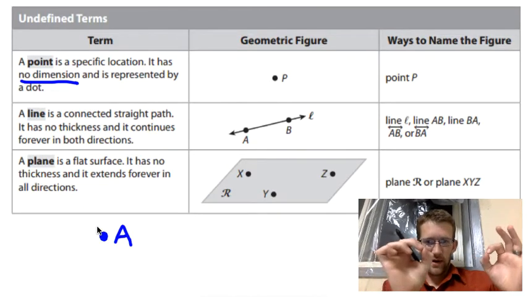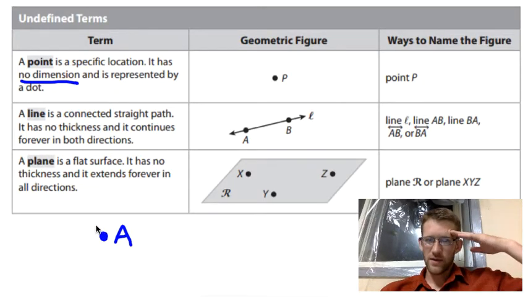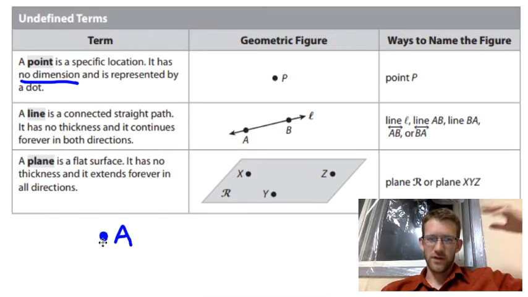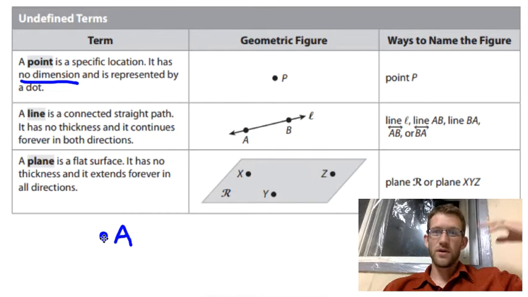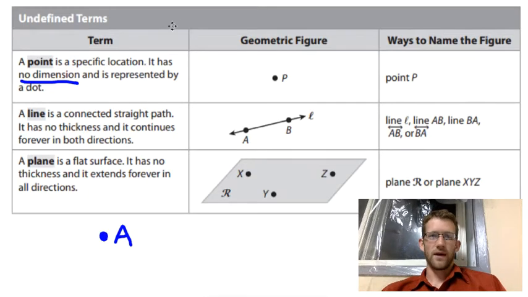It is merely a single location. It's a little weird. You have to get your mind past the fact that these are pictures that represent geometric terms that are purely conceptual. And it's important to have the concept of a point.